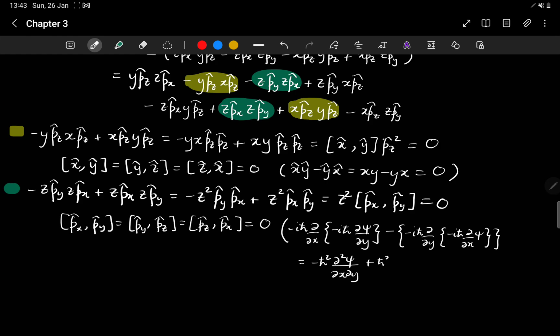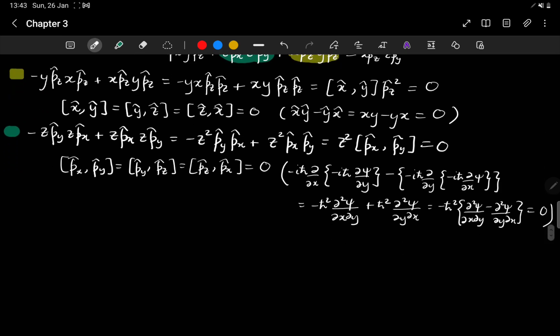Then here plus ħ² ∂²ψ/∂y∂x, and the order of differentiation does not matter. So this is minus ħ² times (∂²ψ/∂x∂y minus ∂²ψ/∂y∂x), and because the order of differentiation does not matter, this is equal to 0.